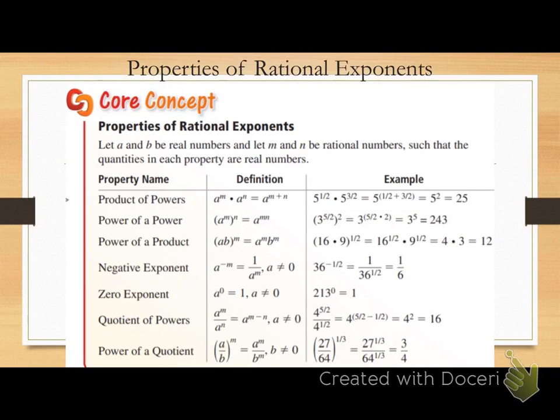Okay? So, the product of powers: if I've got two powers being multiplied by each other, I'll write it a little bigger. If I have a to the m times a to the n, remember, if we're multiplying two things that have the same base, we can add the exponents.